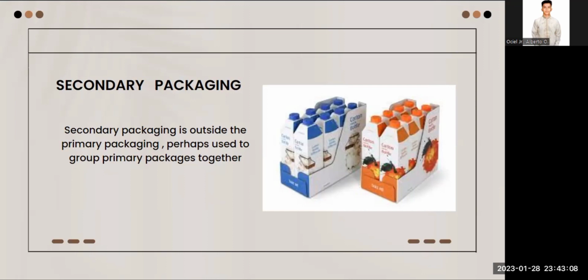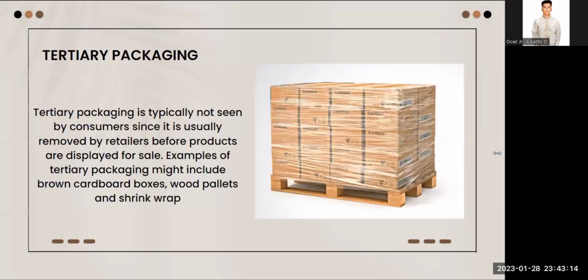So, let us tackle the tertiary packaging. Tertiary packaging is typically not seen by the consumer since it is usually removed by retailers before the products are displayed for sale.